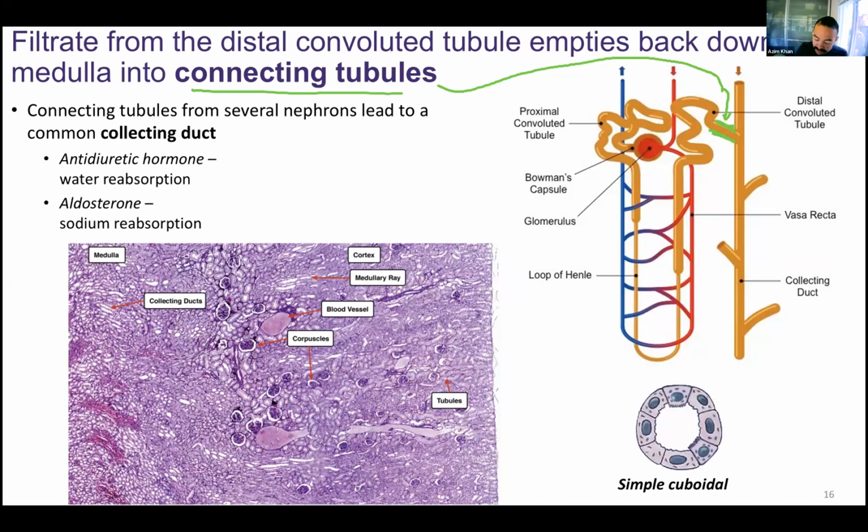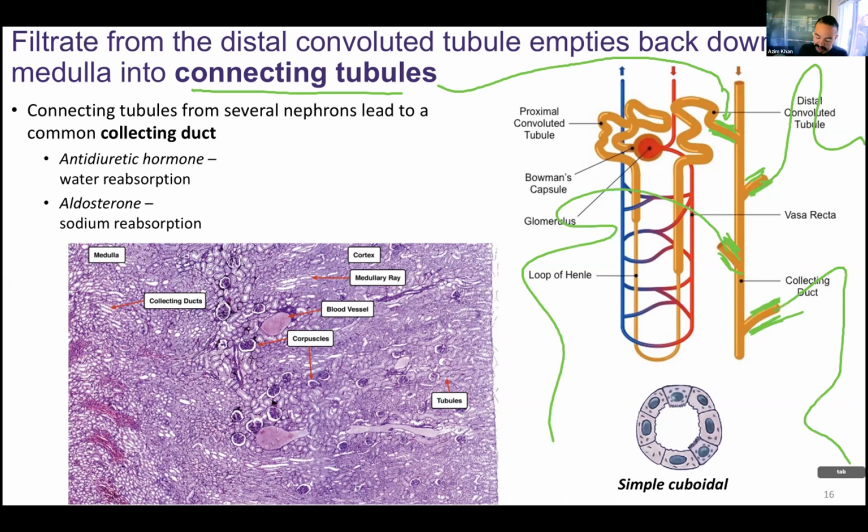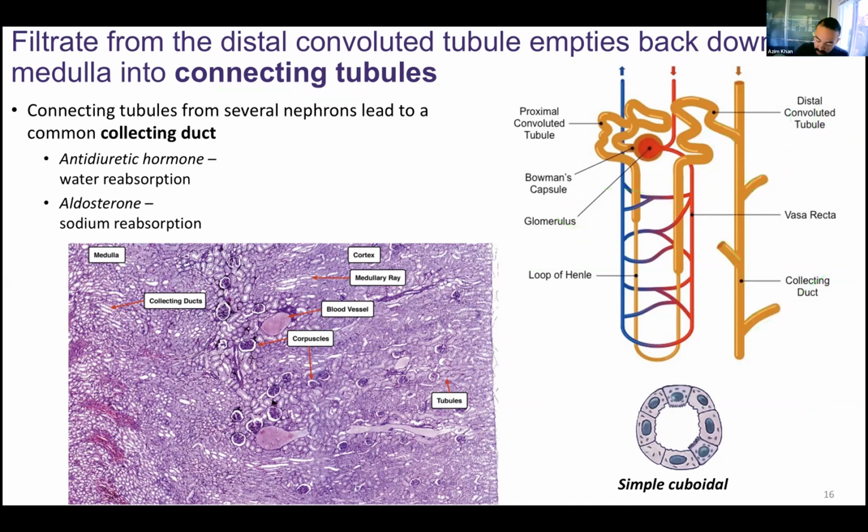You can see one here, there's another right here, there's another right here, there's another right here. So that means there's a nephron going up somewhere this way, there's a nephron over here, there's a nephron over here. There's many other nephrons, we're just focusing on one. All these connecting tubules lead to a collecting duct.